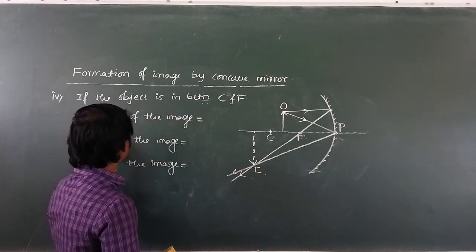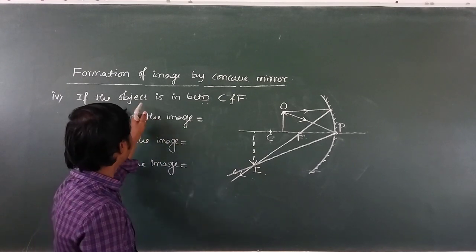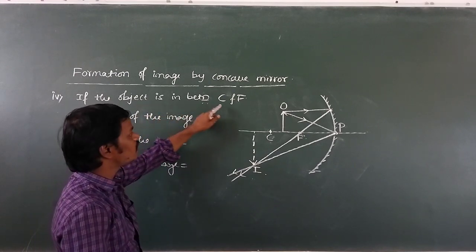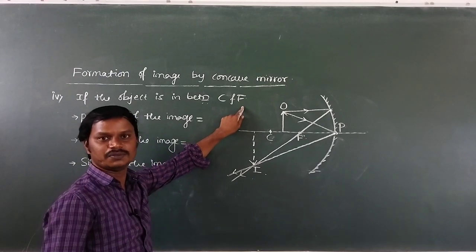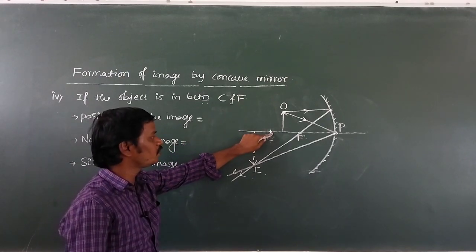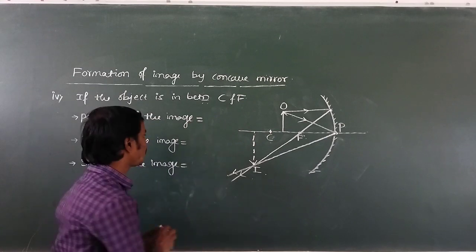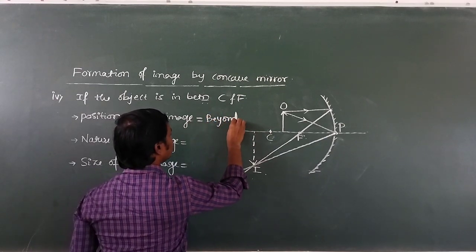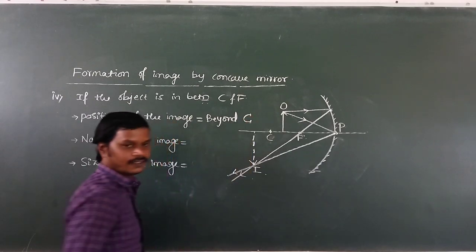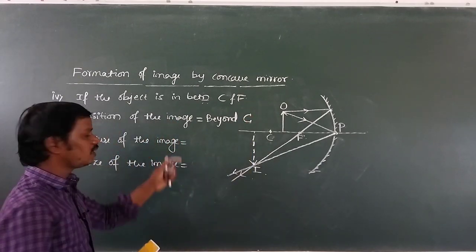Now what is the position of the image? If the object is in between C and F, what is the position of the image of the object? The position of the image of the object is beyond C. And what is the nature of the image?